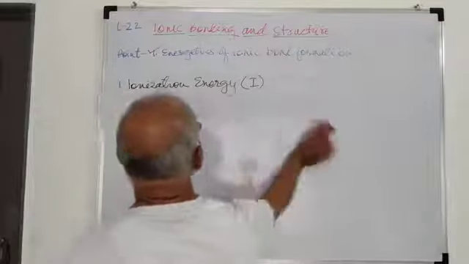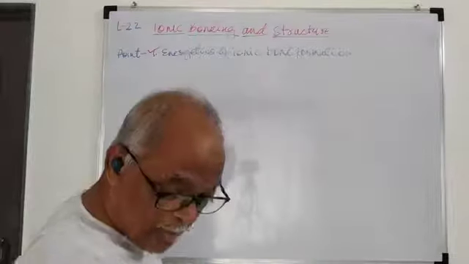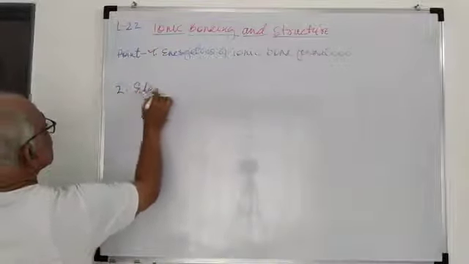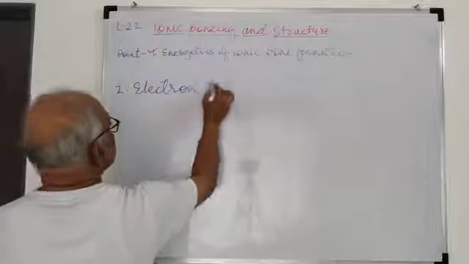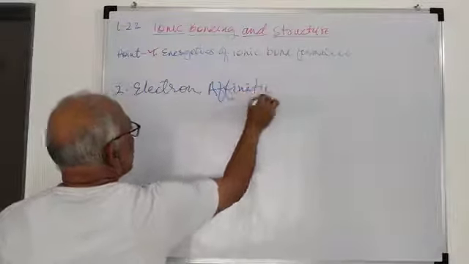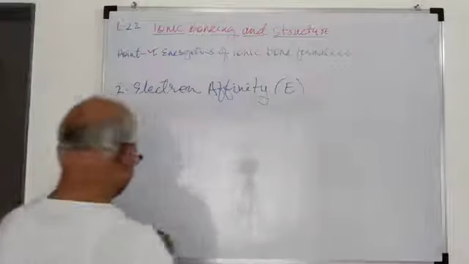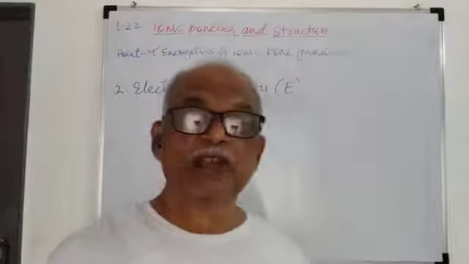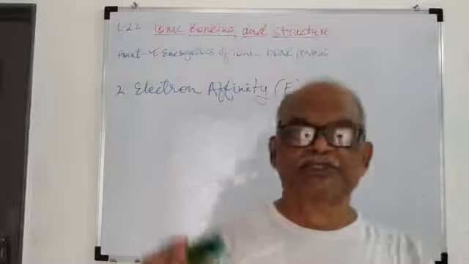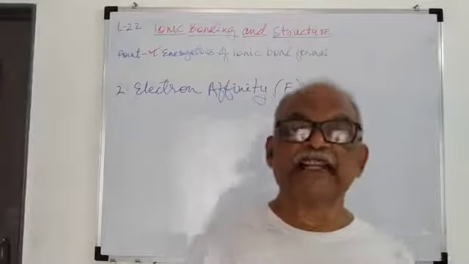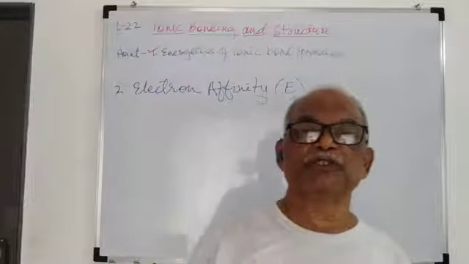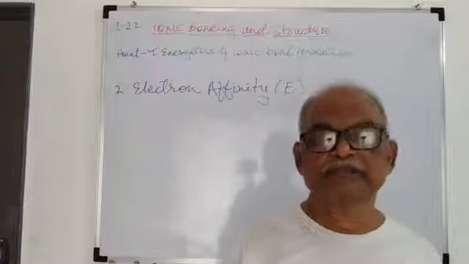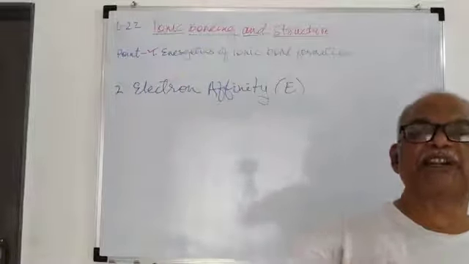Then we will see the second term, that is electron affinity, that is E. So this electron affinity is defined as the amount of energy lost when the neutral gaseous atom of an electronegative element gains one electron.